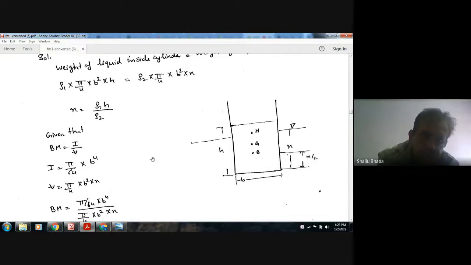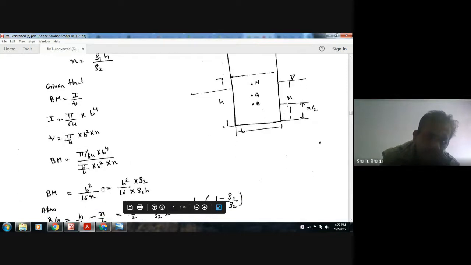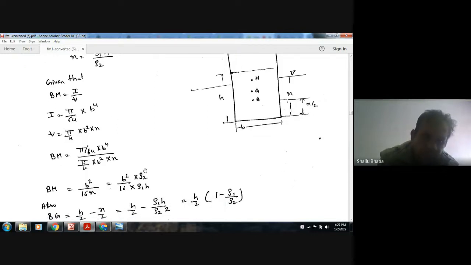Now BM is given by I by V, where I is the moment of inertia of this cross section, pi by 64 b to the fourth, and V is the volume submerged, the volume displaced, that is pi by 4 b square x. So BM comes out as b square by 16x, and x is rho 1 h by rho 2. Putting this value, you can get BM.